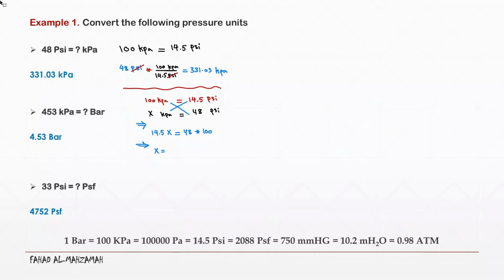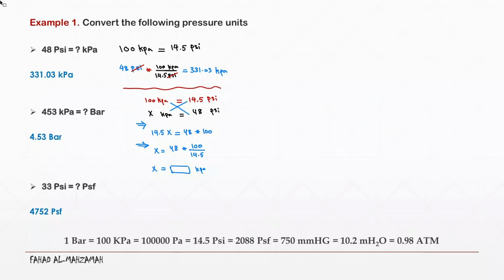So x equals 48 multiply 100 divided by 14.5, which is exactly the same as what we have done in the first part. So you will get the same answer at the end, which is the kilopascal value. I give the final answer, so try to practice and match your result with the given answer.